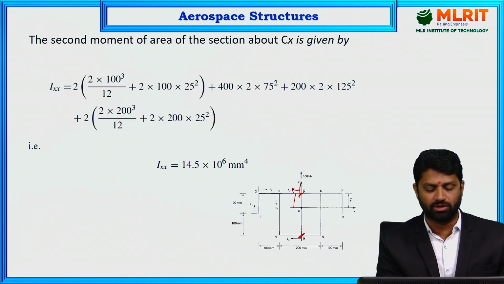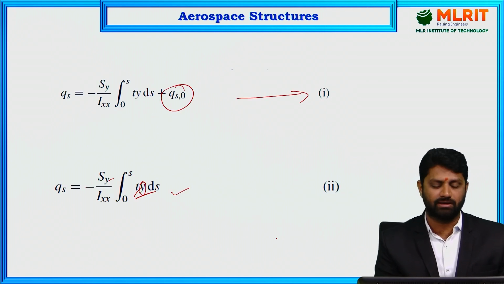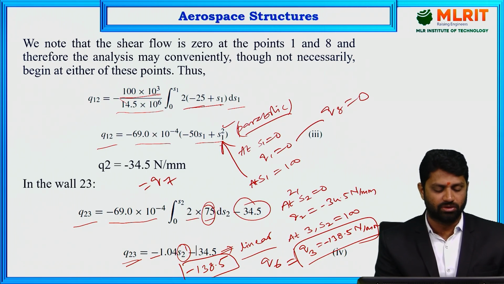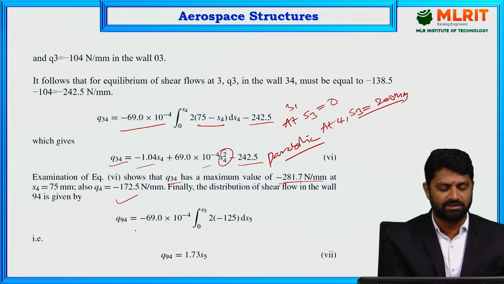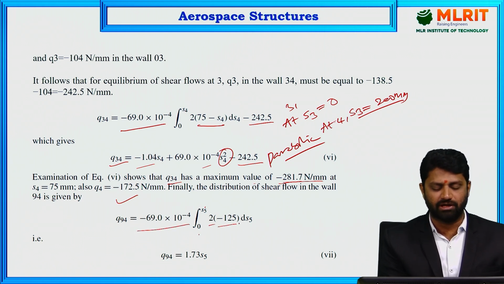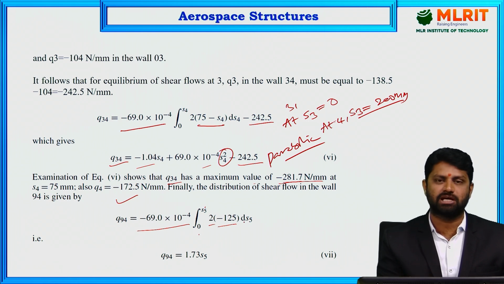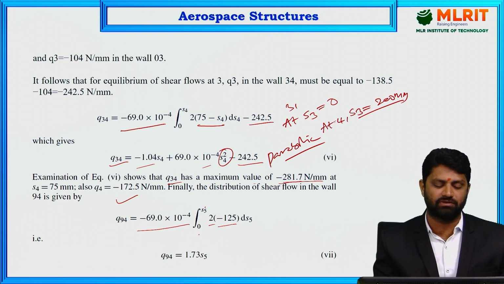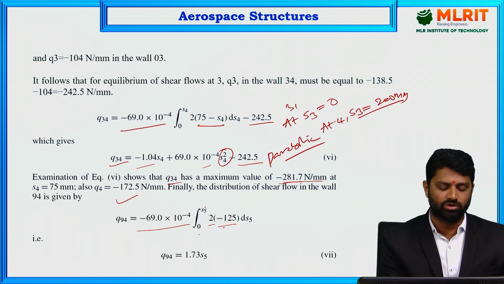If you look at 9-4 or 4-9, you can find it in a similar manner: minus 69 into 10 power minus 4, integral 0 to S5, 2 into minus 125, because 75 is above the centroid, the y distance is 75, and below the centroid it is minus 125. Substituting this, you get Q94 equals 1.73 into S5.